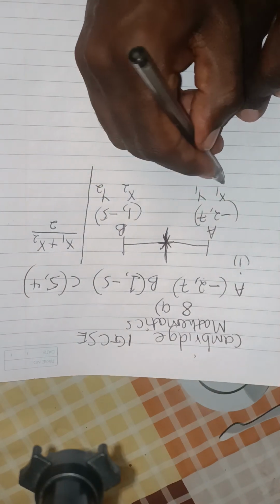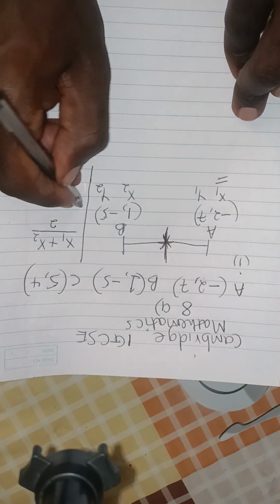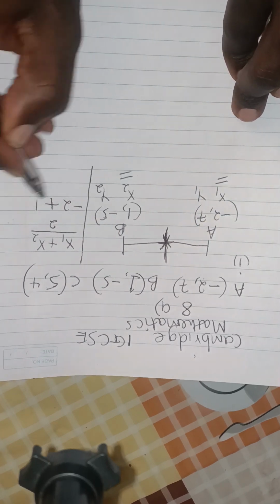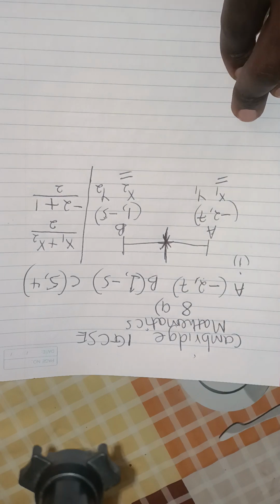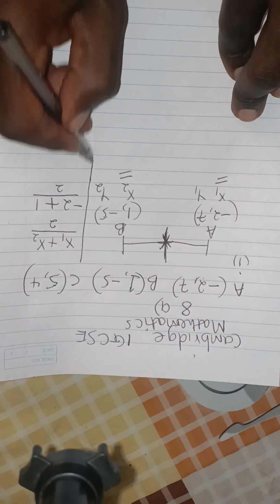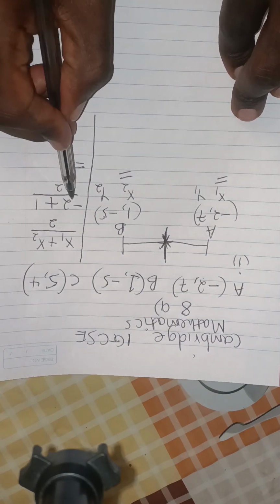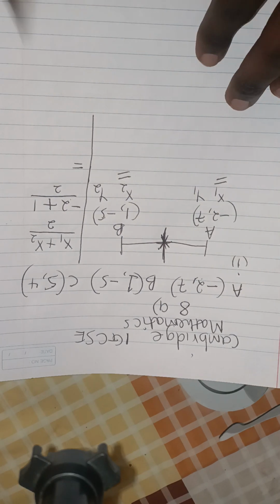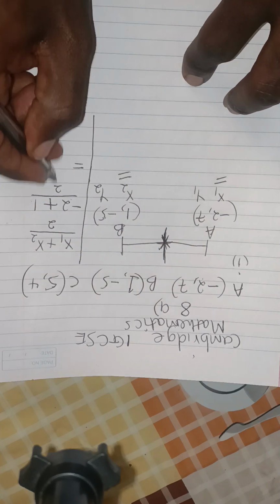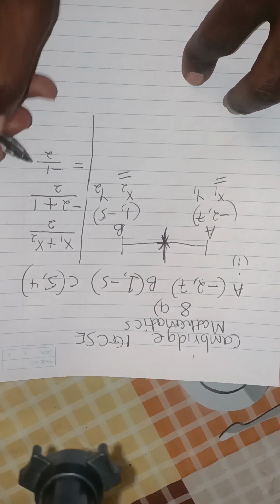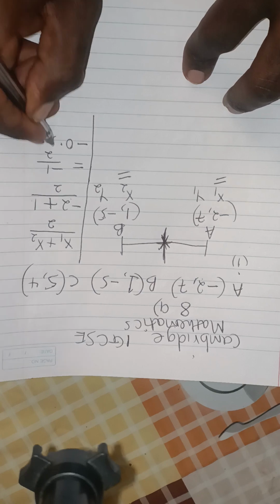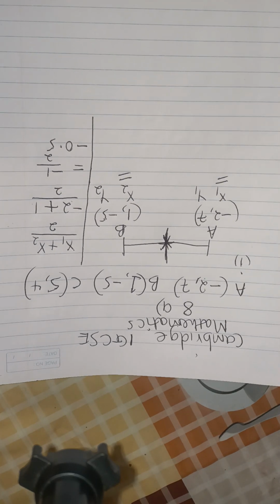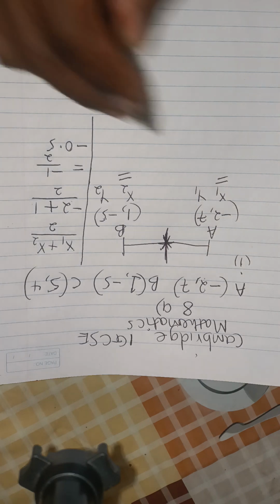Then that translates into our x1 is -2 plus our x2 is 1, then we divide this by 2. So -2 plus 1 gives us -1. Divided by 2, that gives us -0.5. So the midpoint of this line has the value of x as -0.5.